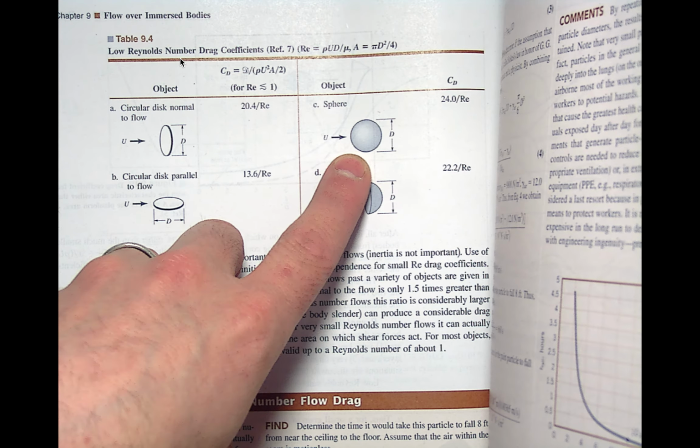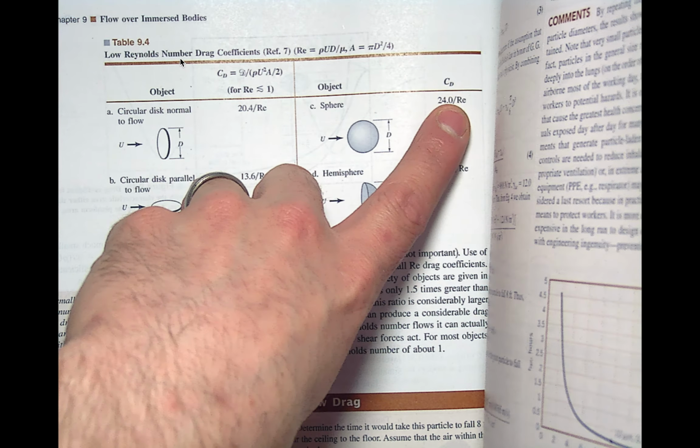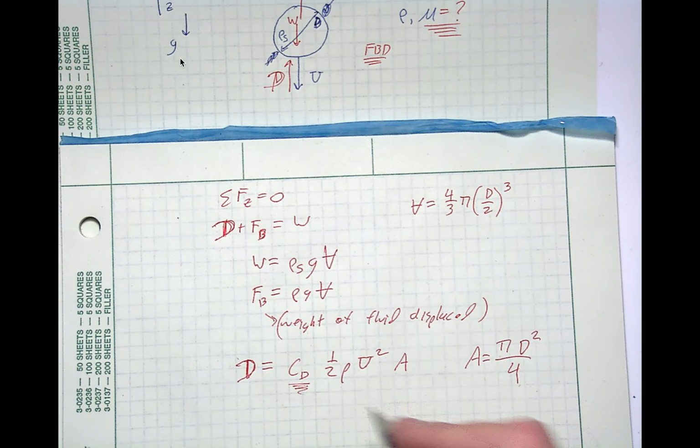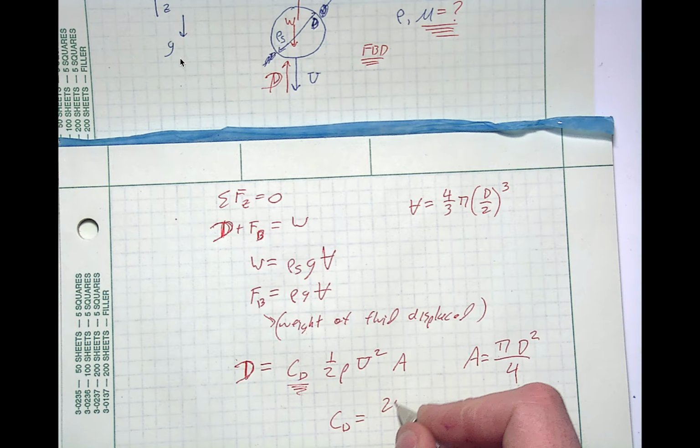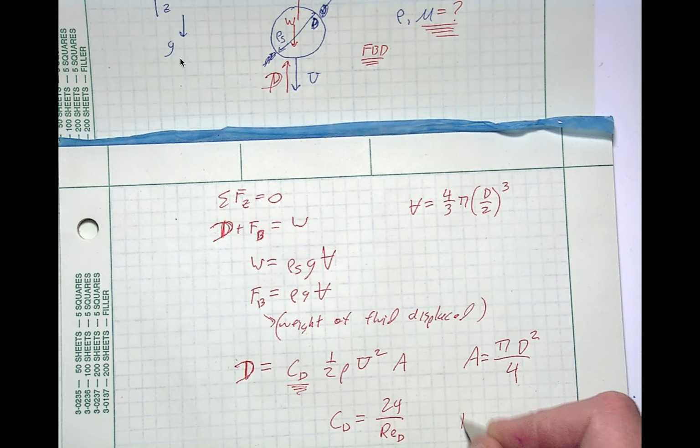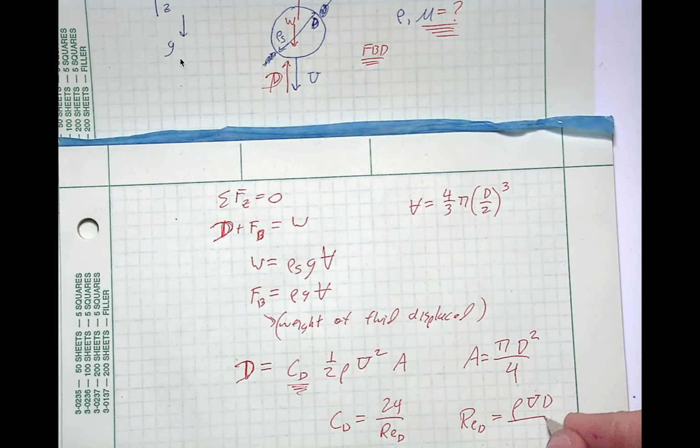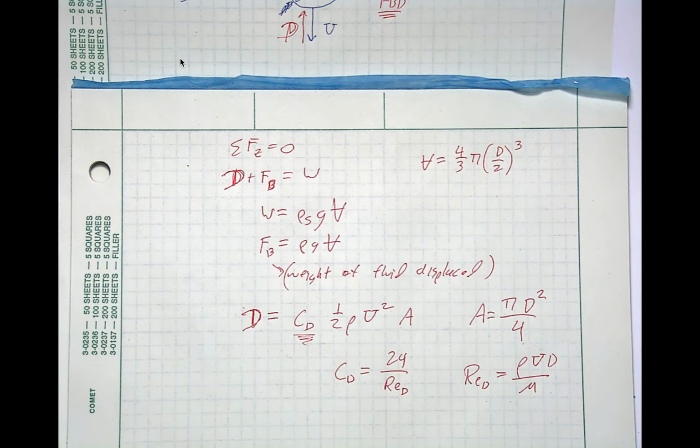For flow over a sphere of diameter d, it's just 24 over the Reynolds number, where the Reynolds number is defined in terms of the diameter of the sphere. Rho ud over viscosity. That's the Reynolds number that we've had before.